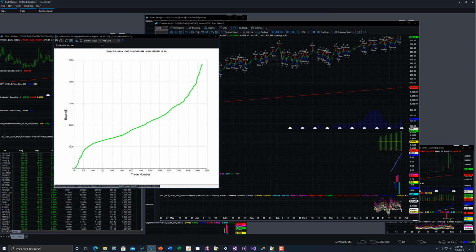This assumes 100% accuracy is done in your trading, no losing trades, in other words. And notice that it's not a straight line. It's curvy because it goes with the volatility of the underlying. As the volatility is high, the equity curve starts to slope upward. If the volatility is not as high, the equity curve has a tendency to flatten out.